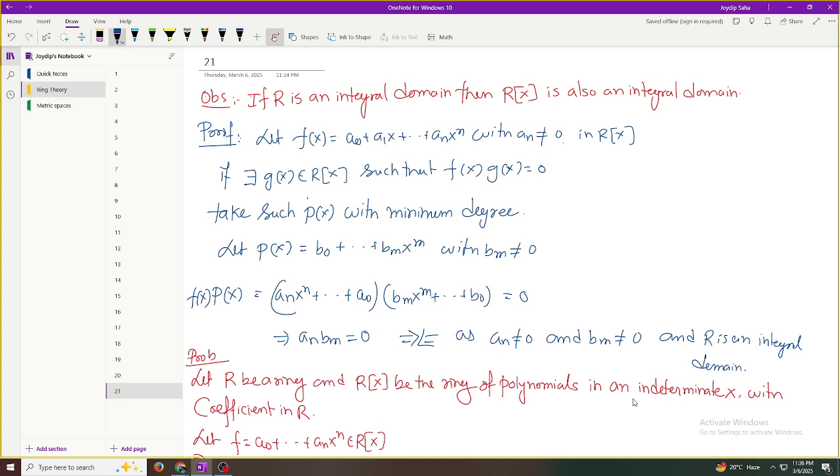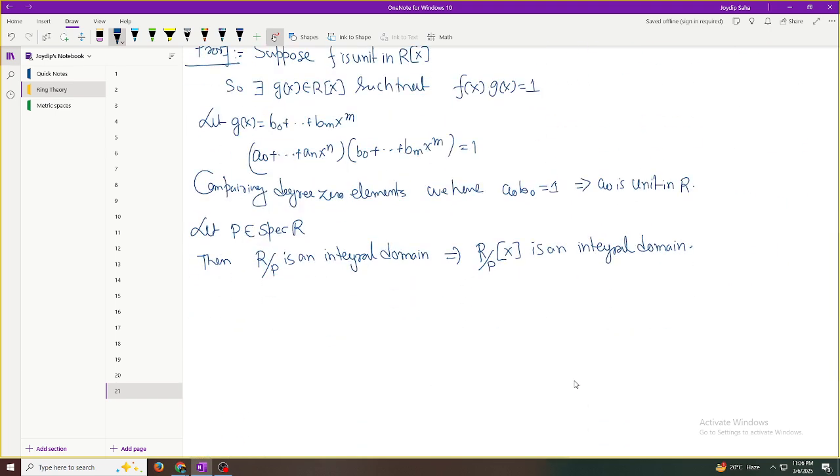If R is an integral domain, what are the units of R[x]?